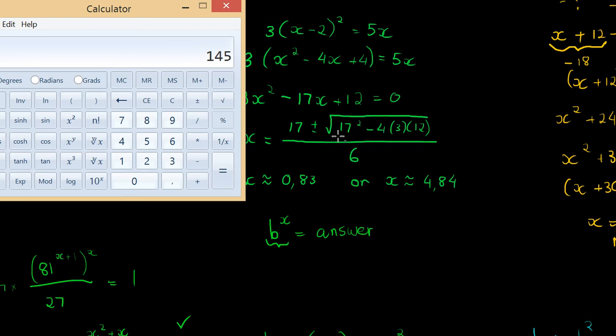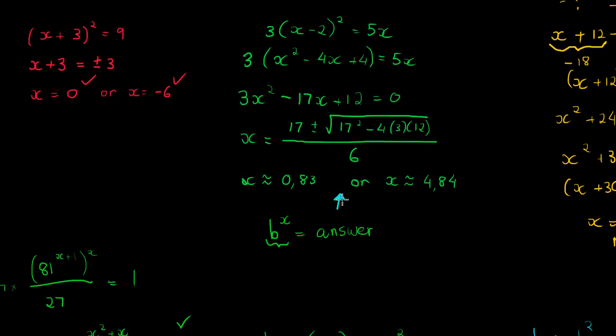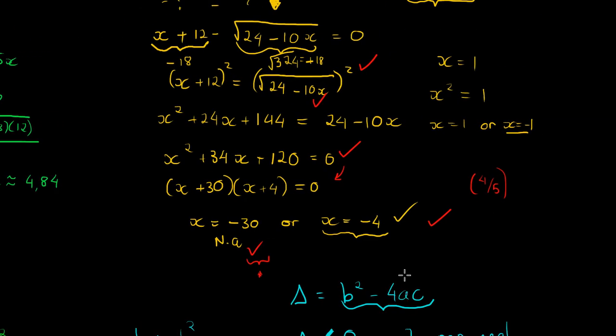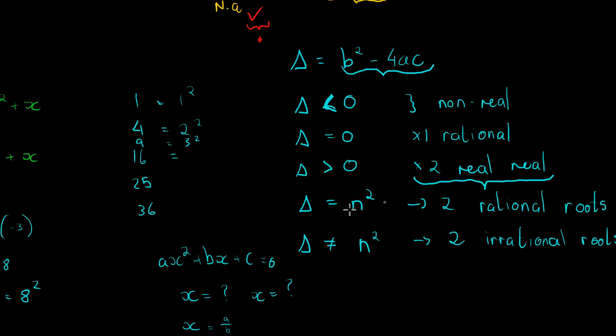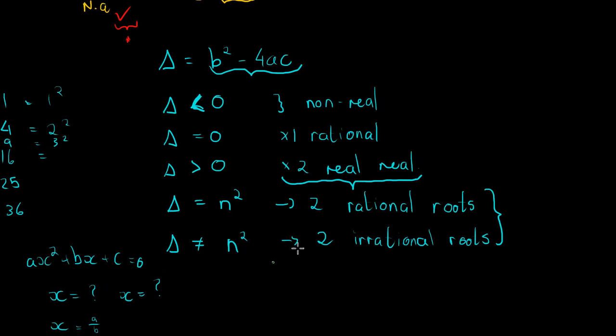So when I have an irrational number, adding it into a fraction will still just give me an irrational number. So that's why when I took that, it gave me an irrational number, and that's why my roots were irrational. So if the discriminant is a number that cannot be rooted into a pretty number, then obviously I will have two irrational roots.